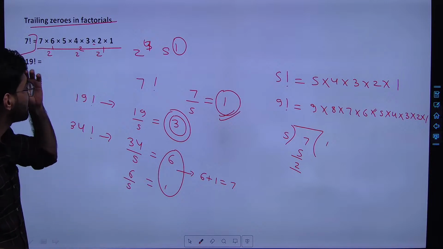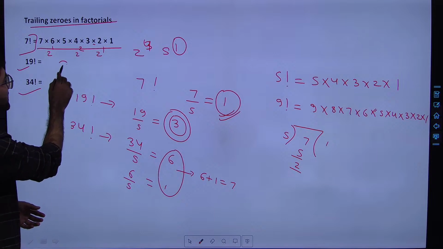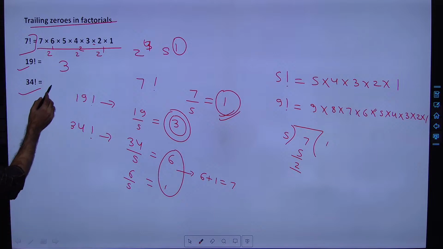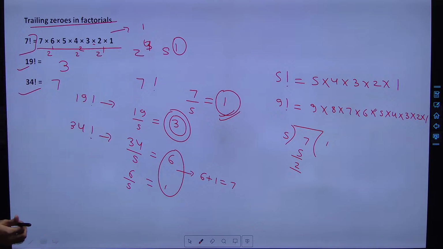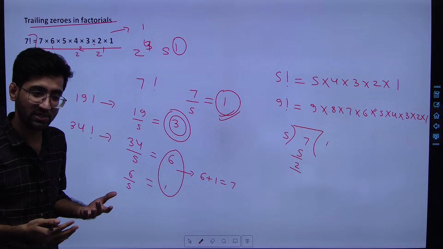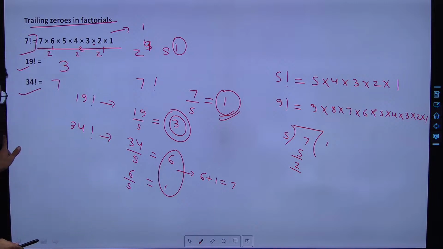So 7 is the number of zeros in 34 factorial. In 19 factorial, the number of zeros is 3. In 7 factorial, the number of zeros is 1. Any doubt? Okay, we will again solve a few questions to solidify the concept that we have learned.